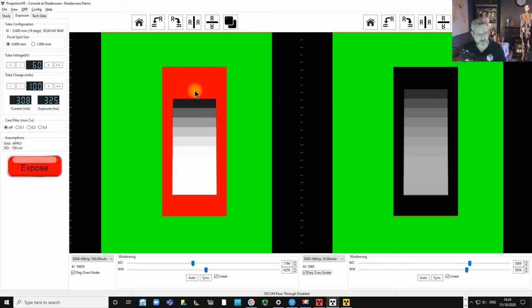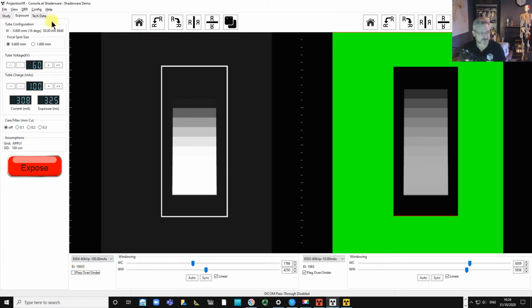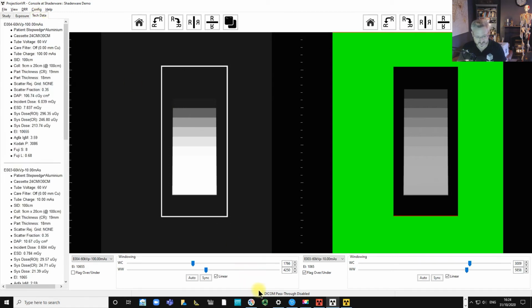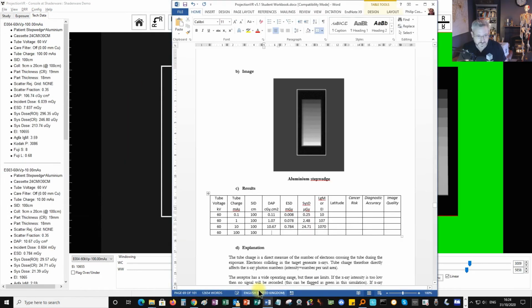So that's very, very poor for two reasons. One, we're getting poor image quality, and two, the radiation dose to the patient is significantly higher than it need be. So let's just write what those are down. Okay, so the dose area product is 106. So it's still related linearly, just 10 times.